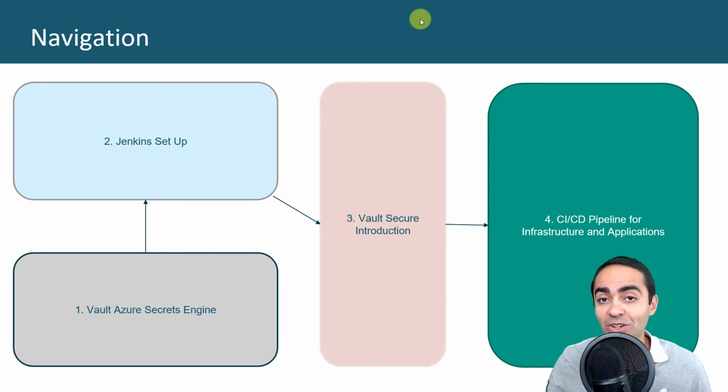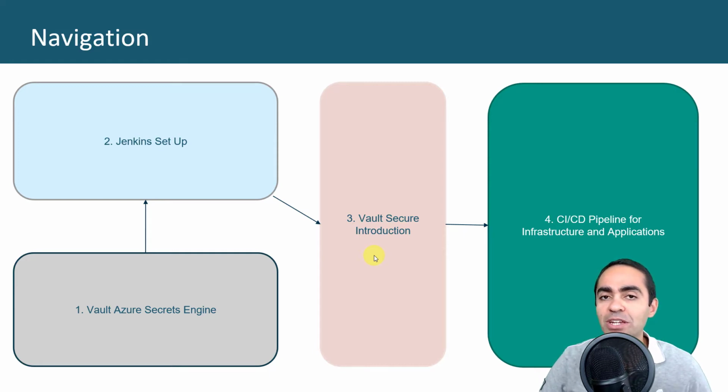And we've got to start somewhere, so we'll start with Vault Azure Secrets Engine, which is the topic of this video. And just a sneak peek, you'll see that we're going to set up Jenkins in the next one. And then we're going to find a way to introduce secrets into Vault, or we call this the Vault Secure Introduction.